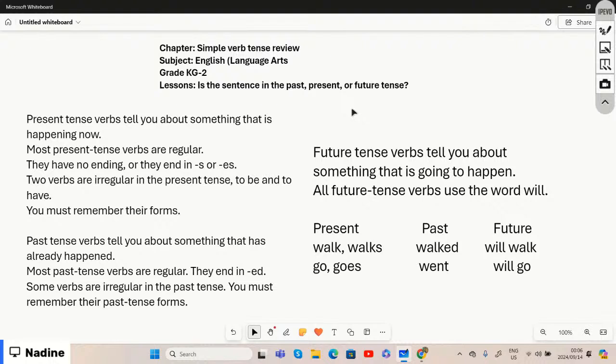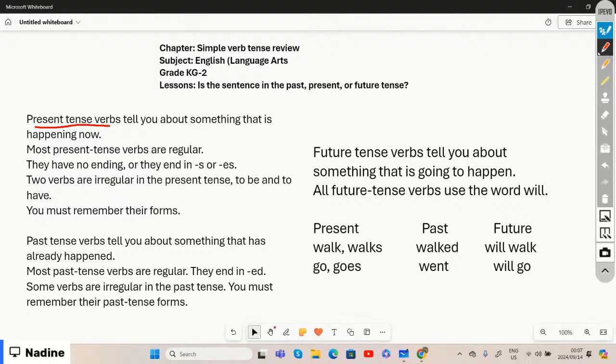And when we talk about verb tenses, it means that it is action. It's the action that happens in that specific tense, whether it is in the past, in the present, or in the future. And when we look at the first one, which is the present tense, remember firstly, a verb is a doing word.